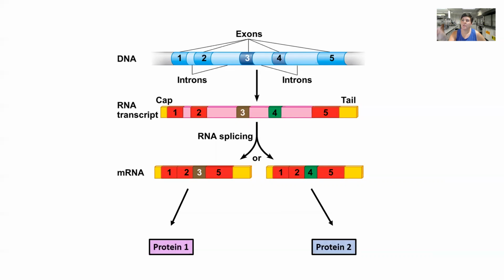And so you can just splice out the third exon, and you would have that combination 1, 2, 4, 5. Because that's a different combination of exons, which remember, exons are composed of nucleotides, a different combination of nucleotides is going to lead to a different combination of amino acids, which is a different protein.